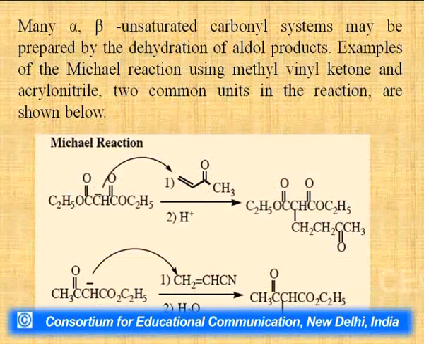Very important reaction. Many alpha beta unsaturated carbonyl systems may be prepared by dehydration of aldol products. Examples of the Michael reaction using methyl vinyl ketone and acrylonitrile, two common units in the reaction, are shown below.